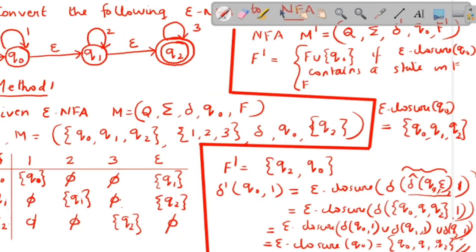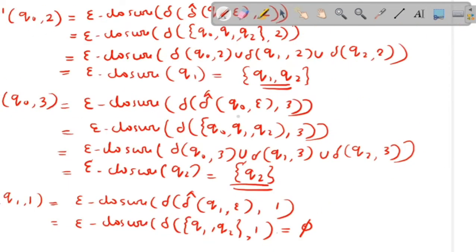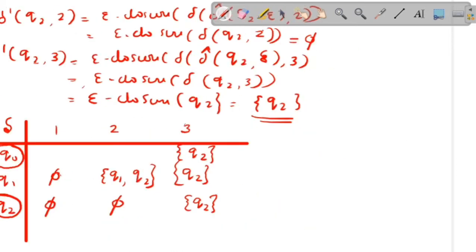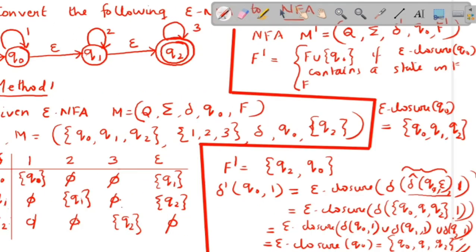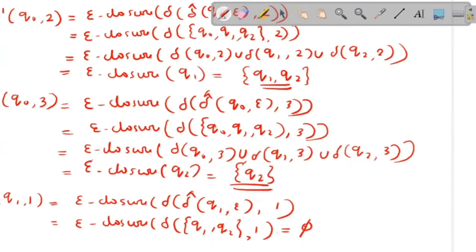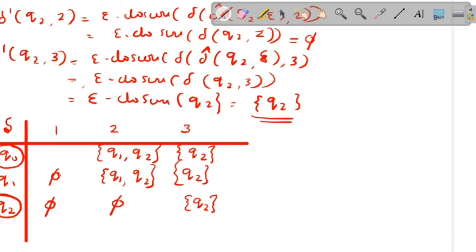Then Q0 comma 2 is Q1 Q2. Then what is Q0 comma 1? Q0 comma 1 is Q0 Q1 Q2. Okay, so this is our transition table of the NFA.